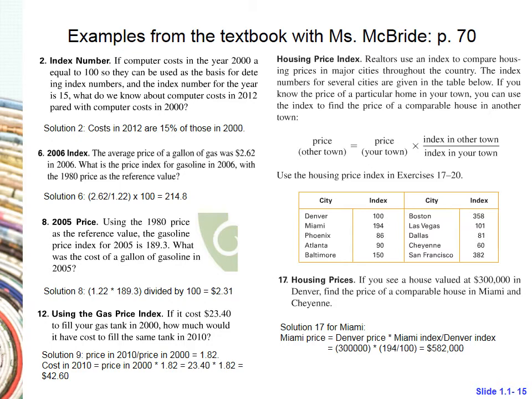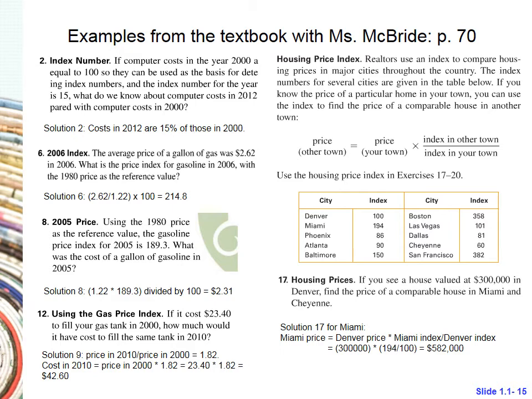All right, number 12. If it cost me $23.40 to fill my tank in 2000, how much would it cost to fill the same tank in 2010? Now we know it should be more because we know the price of gas has been going up. So I wrote this out in words, so you'll find your price in 2010 divided by your price in 2000 to get your index of 1.82.